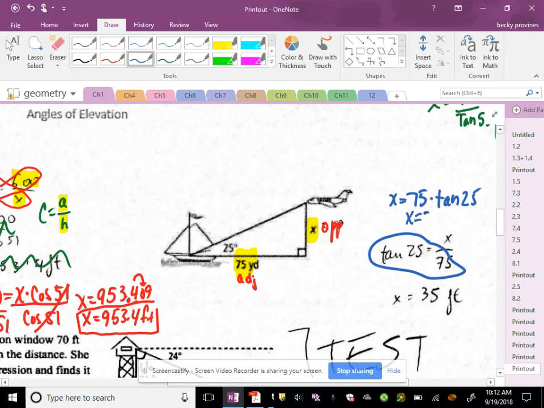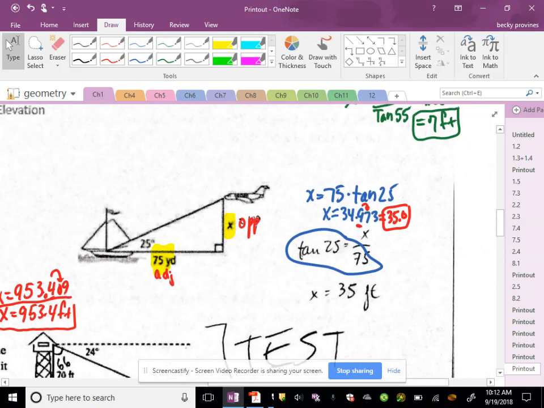So x equals 34.973. Okay, well, how does this round? If I round it to one place, that 7 tells the 9 to round up. So this ends up rounding up to 35, and I believe it is in yards. So let me just throw that on there, 35 yards. You really don't need the 0.0.